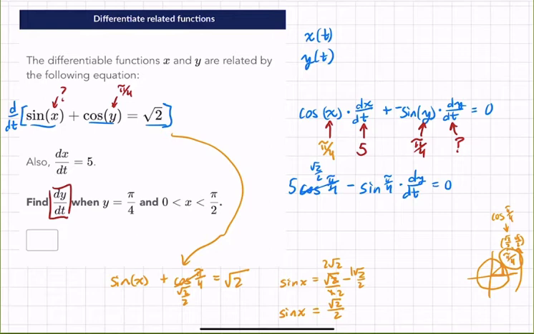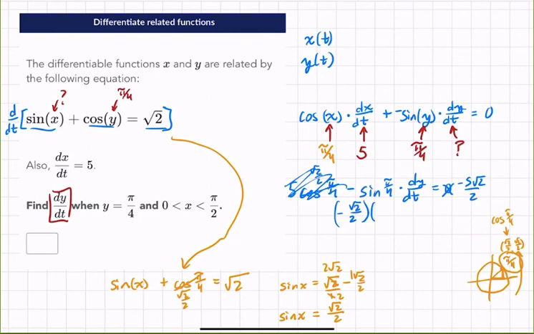So I'm going to put over here, no more 0, minus 5 rad 2 over 2. That was kind of a jump right there. Hopefully you guys were able to keep up. And then we have negative sine of pi over 4, which is going to be rad 2 over 2. So we have rad 2 over 2 times dy dt, with parentheses around it, equals negative 5 rad 2 over 2.